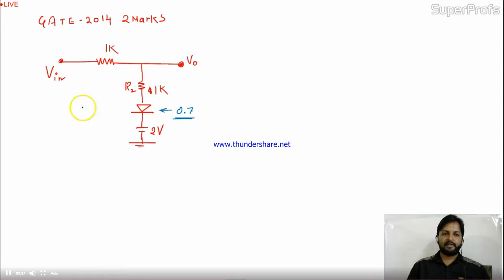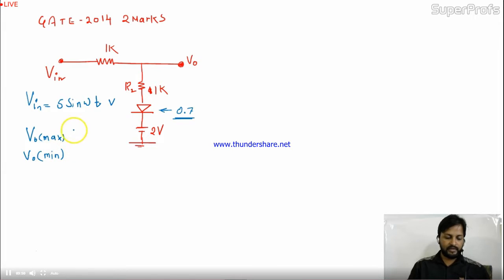If V in is 5 sin omega t, in volts, the minimum and maximum value of V0, they're asking V0 max and V0 minimum. The maximum and minimum value of V0 in volts are respectively, what are these two values?